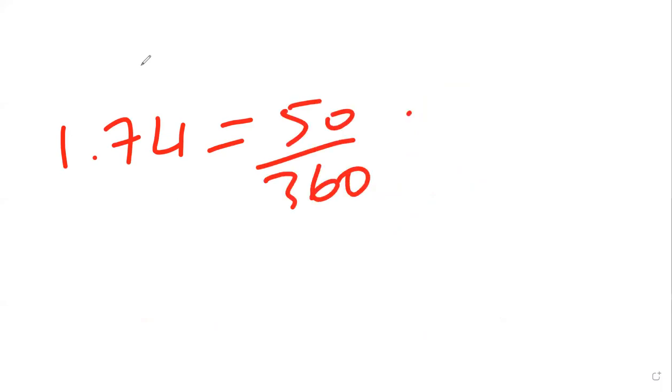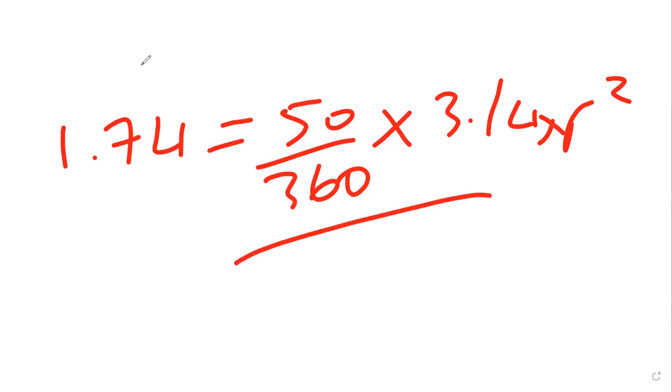We have 1.74 is equal to 50 divided by 360 times pi r squared. Remember, r is unknown. So what I'm going to do is work out what I have on this side, simplify what can be simplified. So I have 50 divided by 360 times pi gives me, let me just write this down.